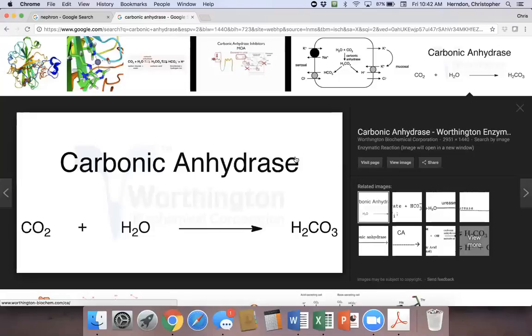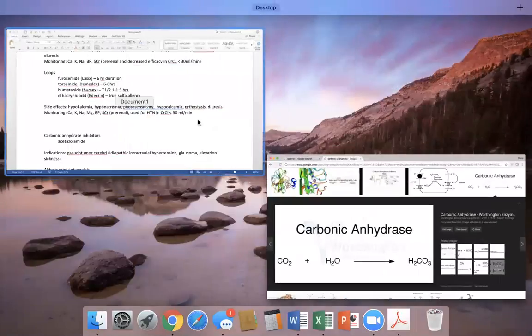Anytime you give a carbonic anhydrase inhibitor, you're worried about creating a metabolic acidosis. Because you're inhibiting the transformation of CO2 to bicarb, you're keeping more CO2. So you had it right. I just want to make sure you guys are feeling me.